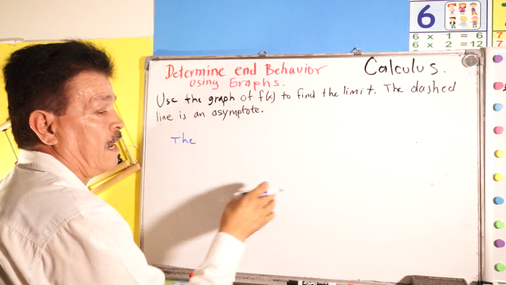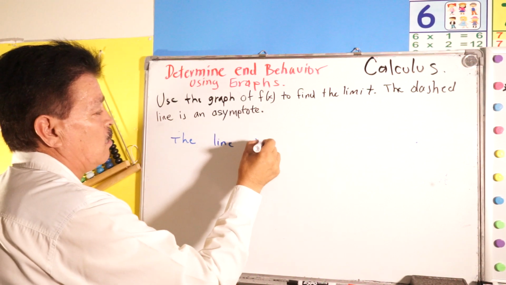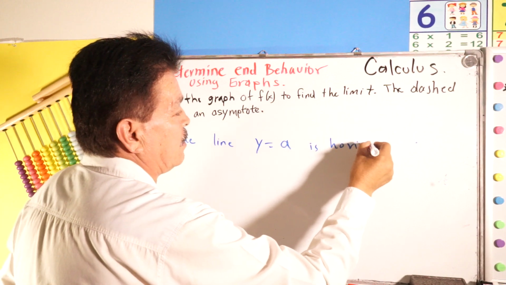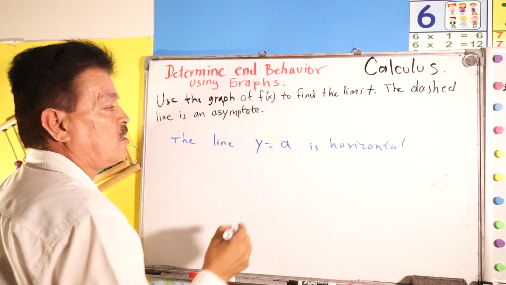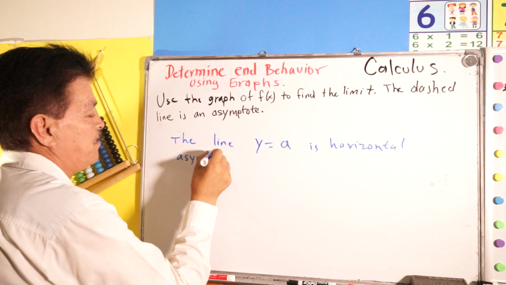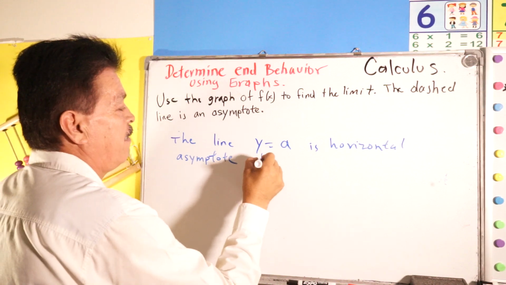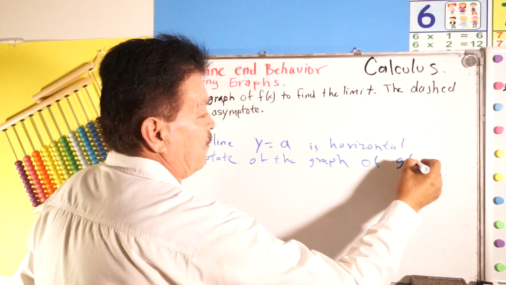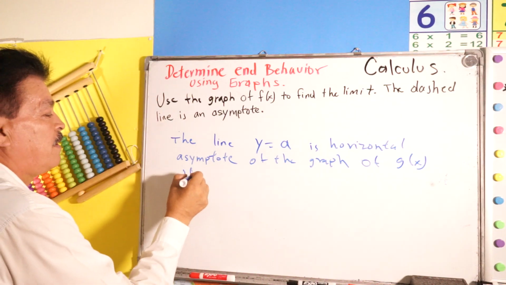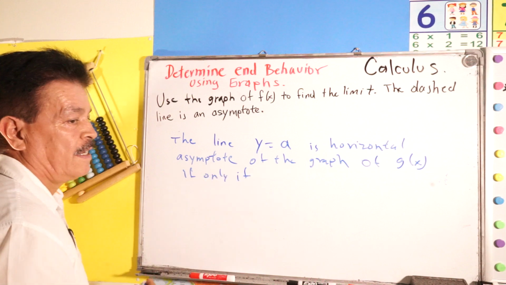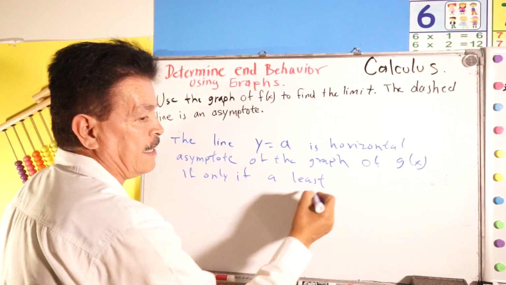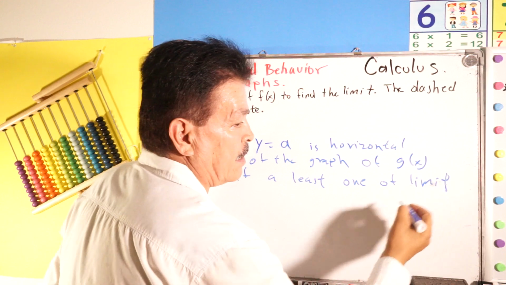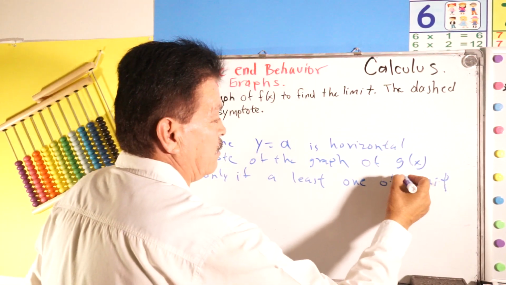Before making the graph and then solving the problem, the line y equals 8 is a horizontal asymptote of the graph of g(x) if and only if at least one of the limits holds.